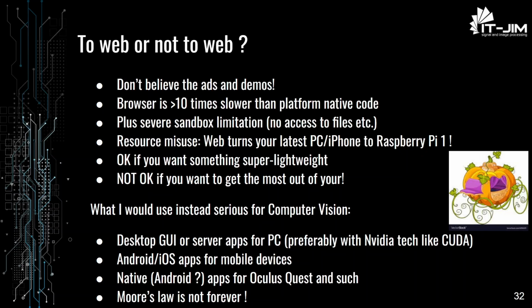If you want to use serious computer vision, you need desktop or server, preferably with NVIDIA GPU, CUDA, etc., or Android and iOS apps for mobile devices written in native languages like Kotlin or Swift. And also native Android apps for Oculus Quest and such, not web browser. Moore's law is not forever. Maybe you think that computers will get better, but for now, browser is 10 times or more slower than your computer. I think I basically finished with my lecture.